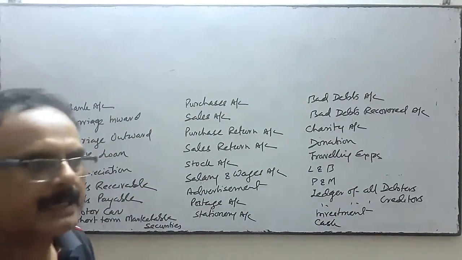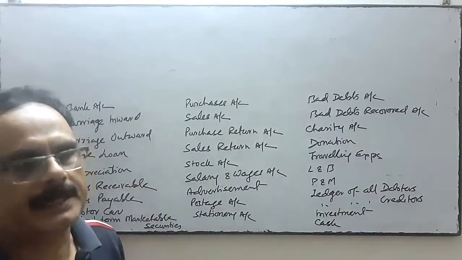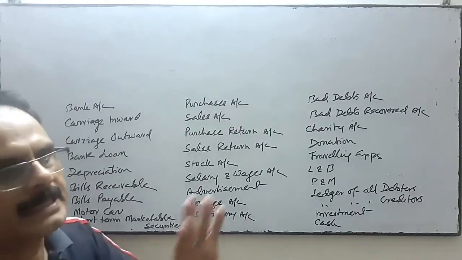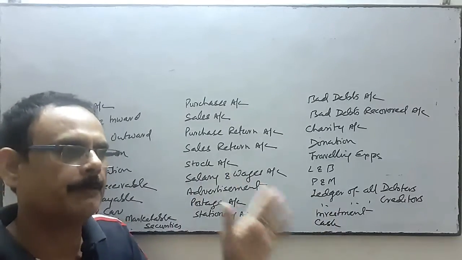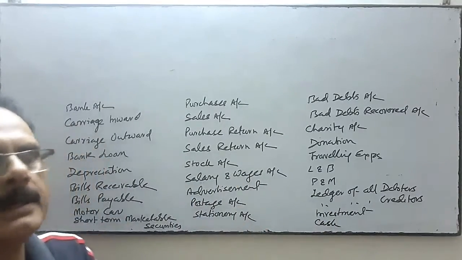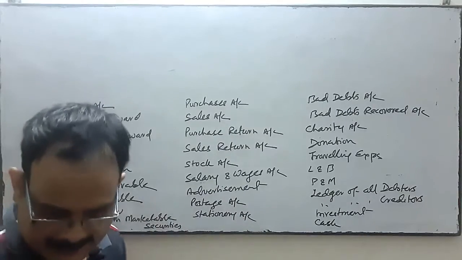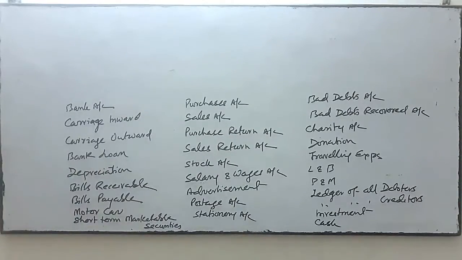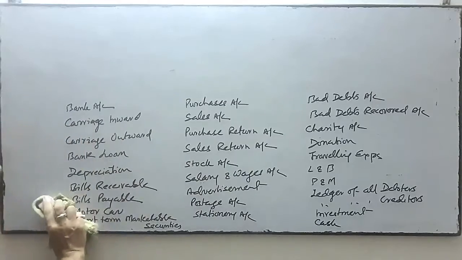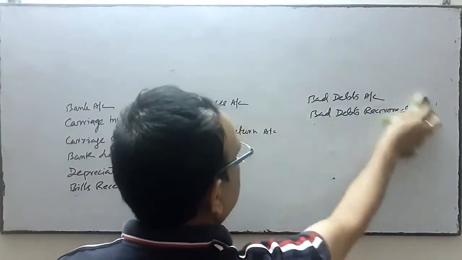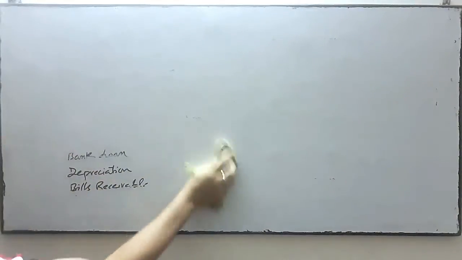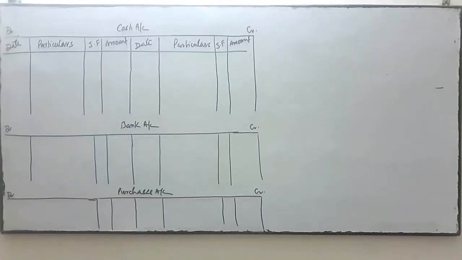But nominal account balance is not brought down for the next financial year, it is closed. These ledgers are closed finally by way of transferring to trading and profit and loss account. So is it clear? Any ledger can be prepared easily by you.